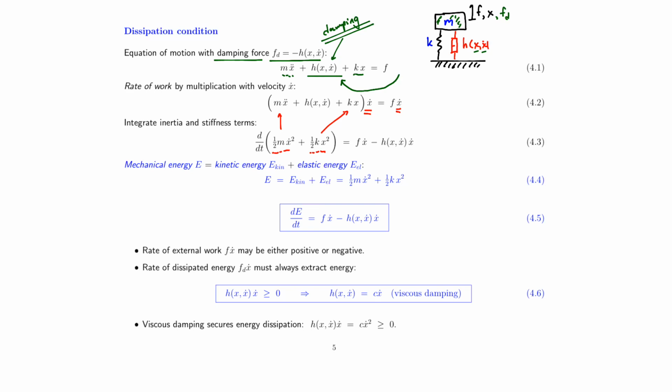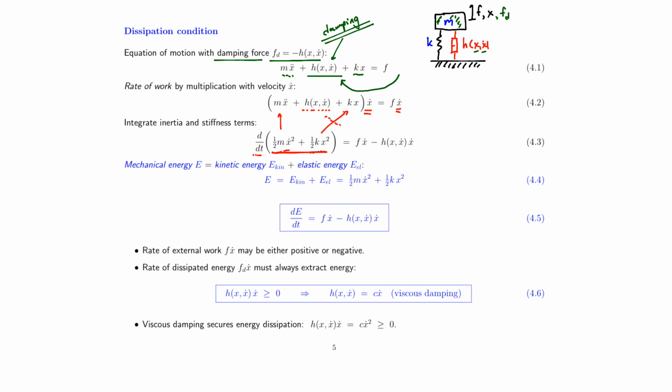That means that the time derivative of mechanical energy that we have within the parenthesis accounts for the first and the third term on the left-hand side in 4.2. That means what we have left is the damping function, the intermediate term.